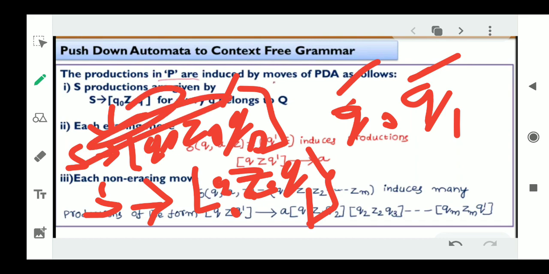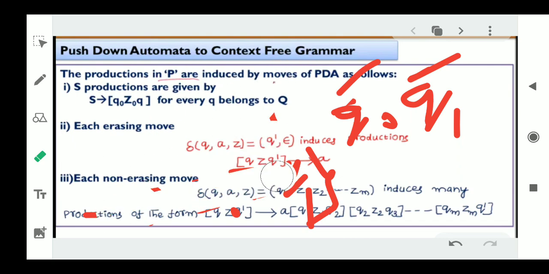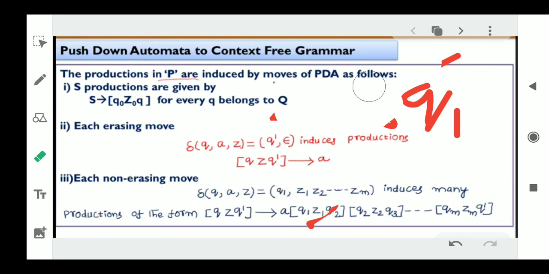So our first step is we need to identify the number of states given in the PDA. For all the states, we will write this context-free grammar production form. Just substitute the states here.